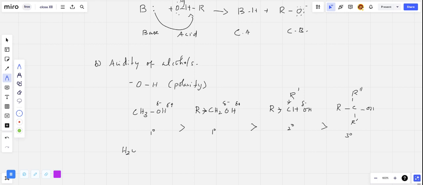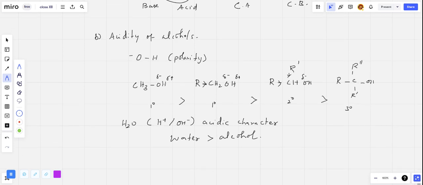Water has an acidic character because it releases H plus and OH minus.